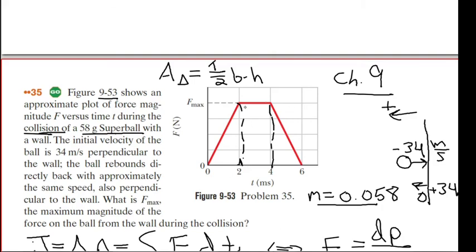You might have to approximate and calculate boxes or something like that if the curve is a little bit smoother. But the process is the exact same. You try to calculate the area, and that should always be the change in the momentum of whatever object you care about.